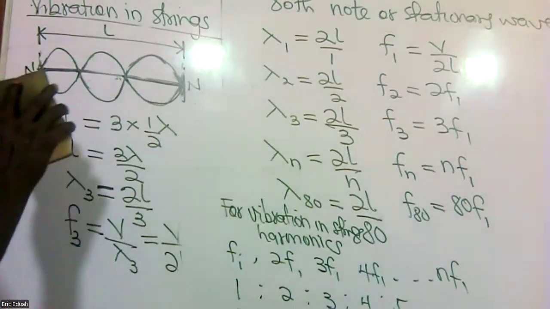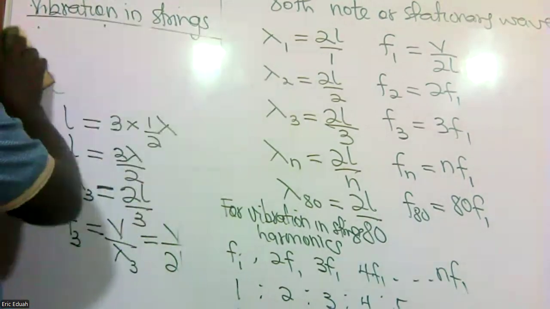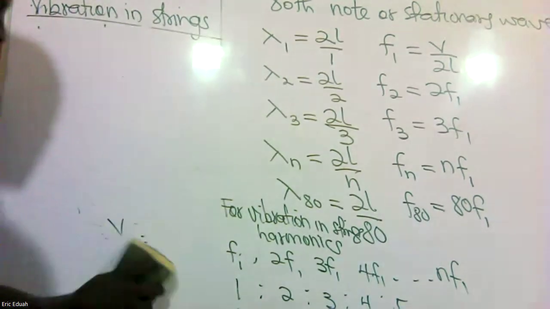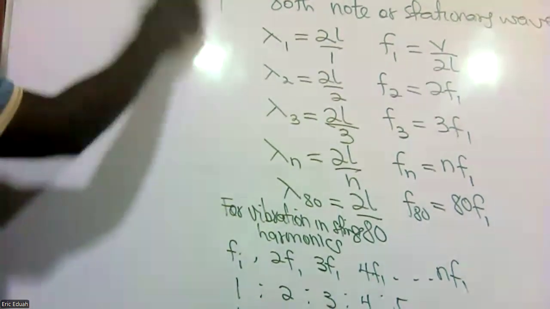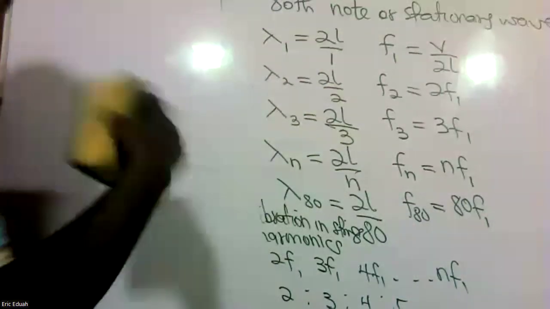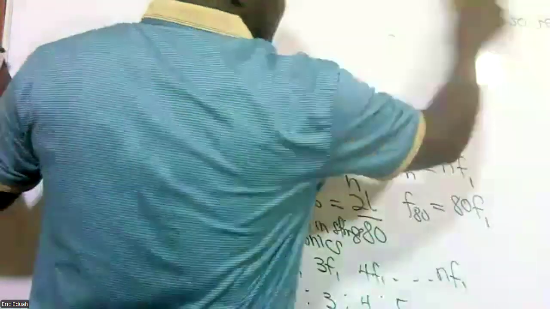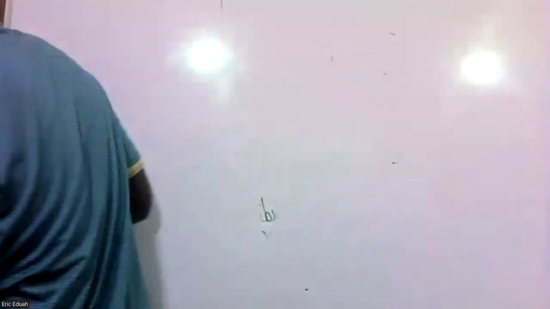The velocity of a transverse wave in strings depends on some factors. I'll create a theory and then bring it to a practical situation where you would be able to connect better.